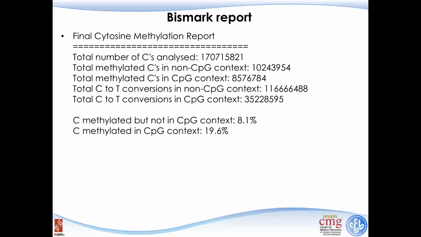So you can get information like the rate of methylated C or conversion rate for anything you want. Then from Bismark, you can get all of them. The software is very powerful. You will like it, and it's very straightforward and easy to use. I guarantee that.